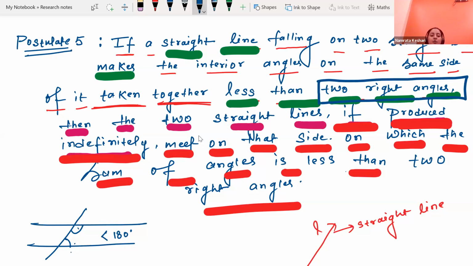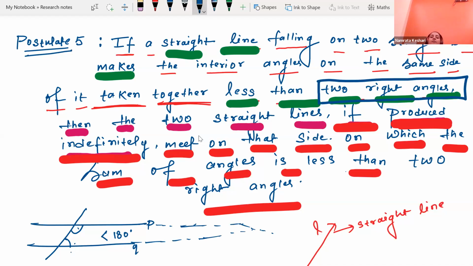Then these two straight lines, if produced indefinitely, meet on that side on which the sum of the angles is less than two right angles. Is it clear to all of you? Yes, ma'am.